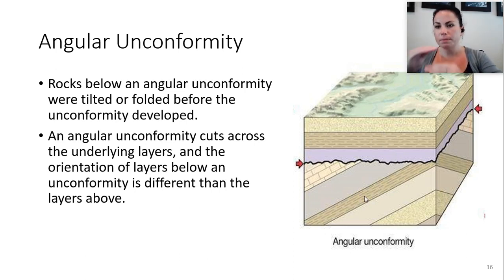We have deposition of layers, boom, boom, boom, and then say that they get rotated or folded. And then those get eroded away through a flooding event or rivers or something. And then we have more deposition on top. And through the principle of lateral continuity, we have horizontal layering on top of this unconformity.